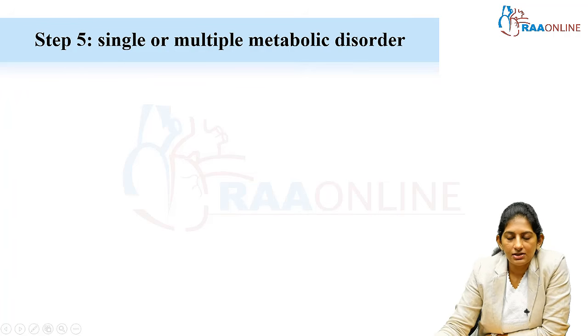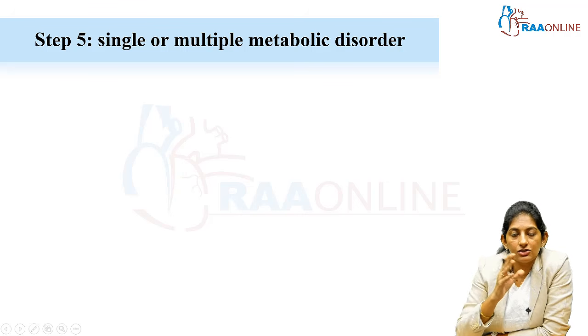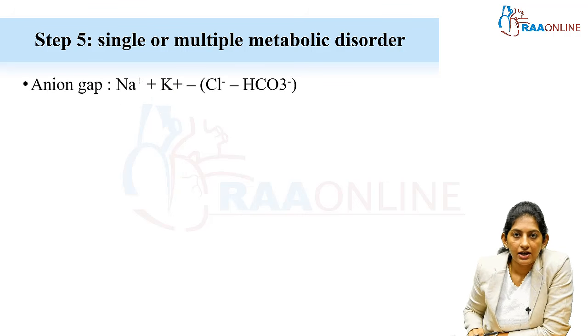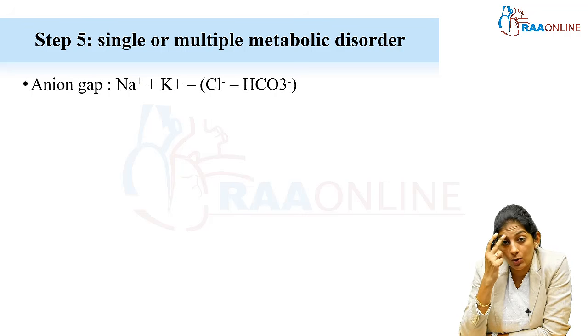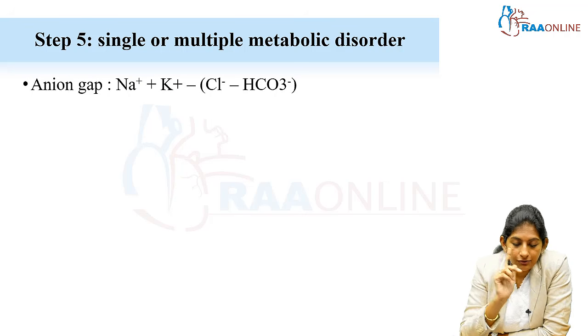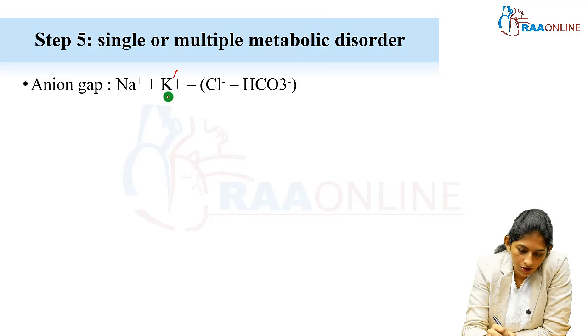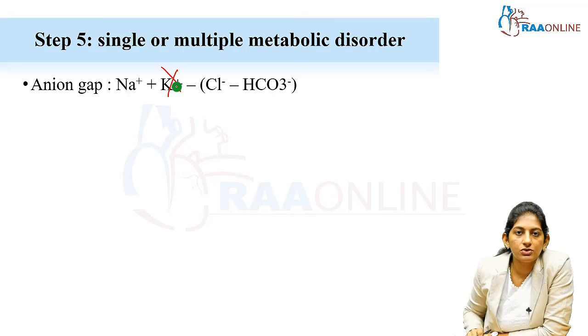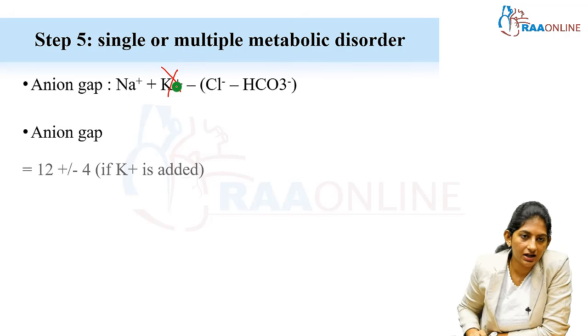Next, we have to see if there is a single disorder or multiple metabolic disorders. For that, you will calculate the anion gap. We have talked about anion gap in another presentation. For anion gap calculation, mostly we do not take potassium, so the formula is sodium minus chloride minus bicarbonate.